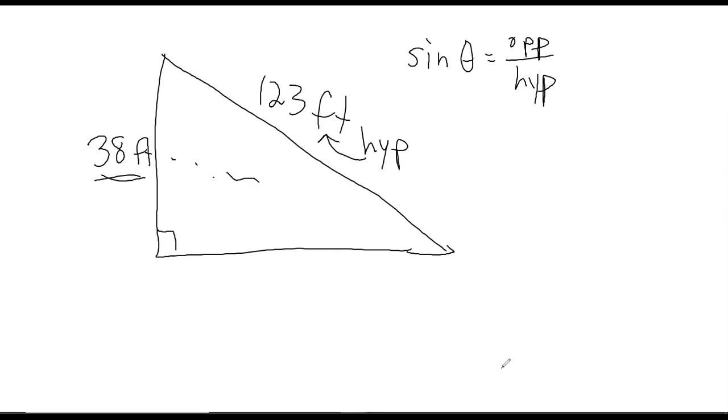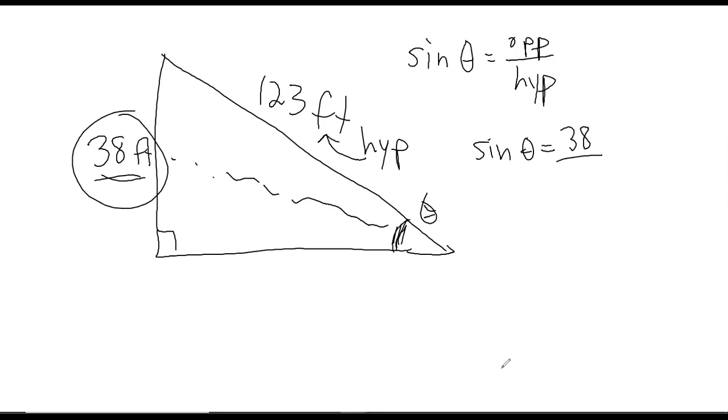It's this one right here. This is our theta. So in this case, we've got sine theta equals opposite 38 over hypotenuse 123. And that means theta is the inverse sine of 38 over 123.